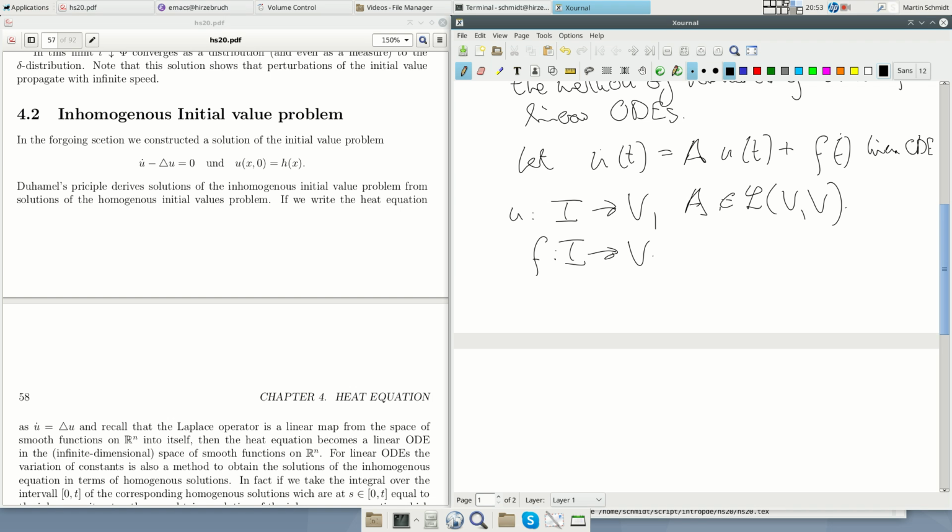Okay, and we look at initial value problems. We want to solve this equation with initial value u of t0 is u0.